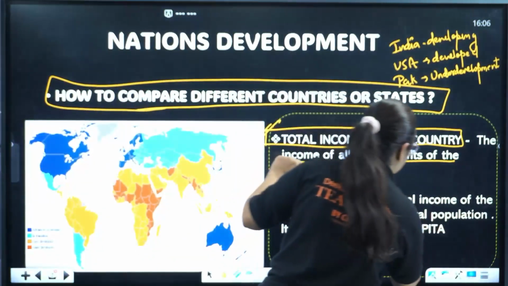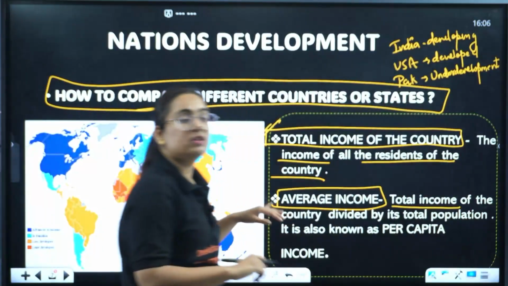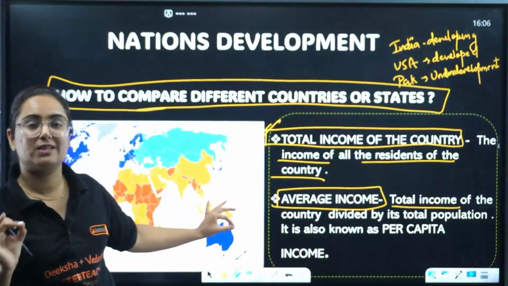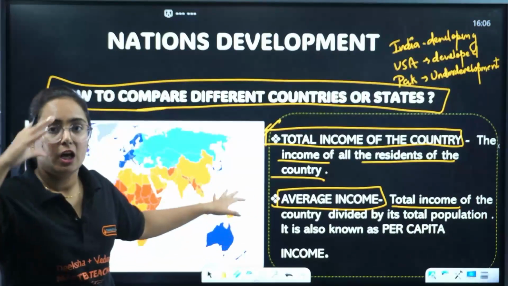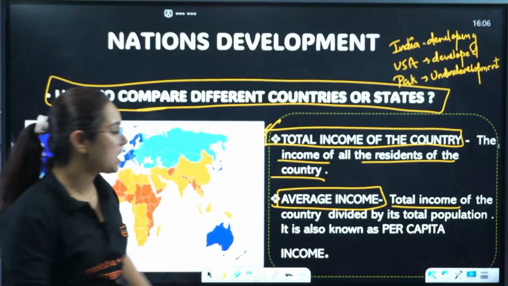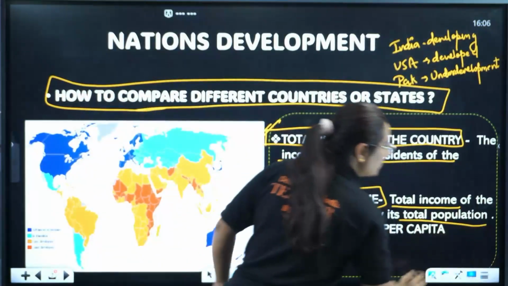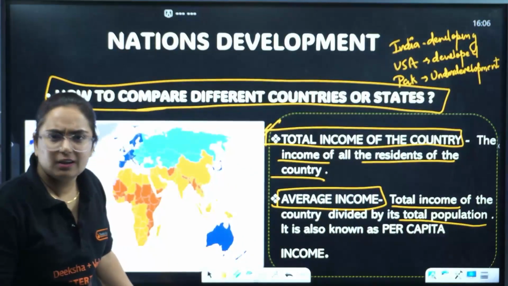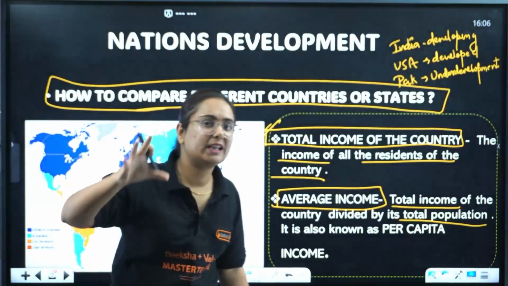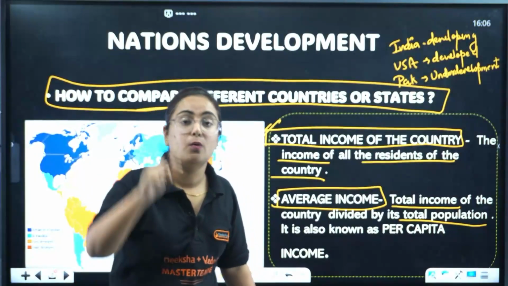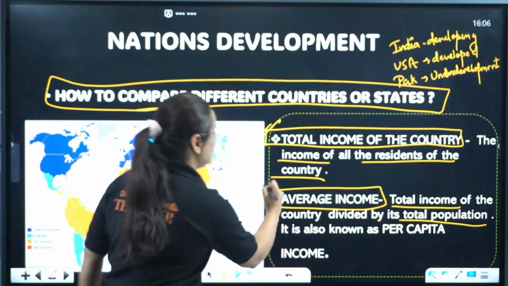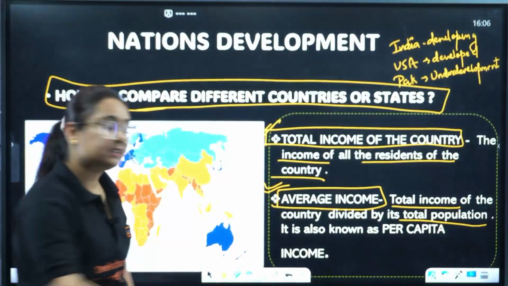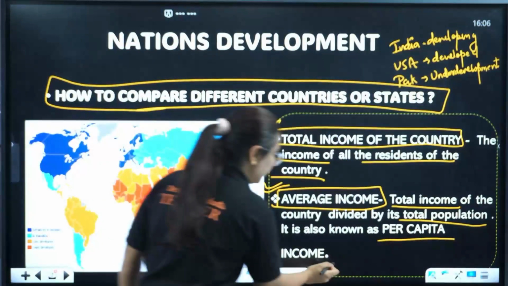What is average income? Average income is equal to the total income of all the citizens of the country divided by its total population. What will we get? The average income of a person. And that is known as per capita income.